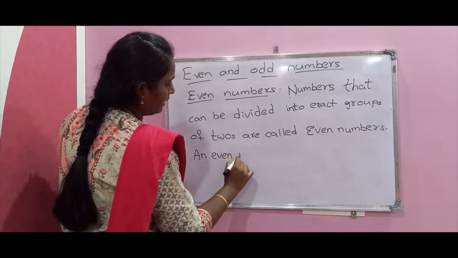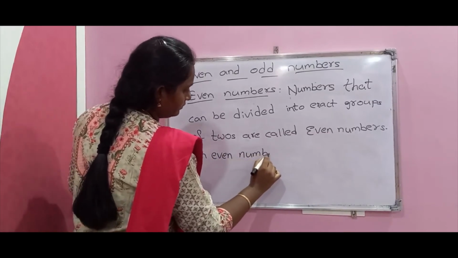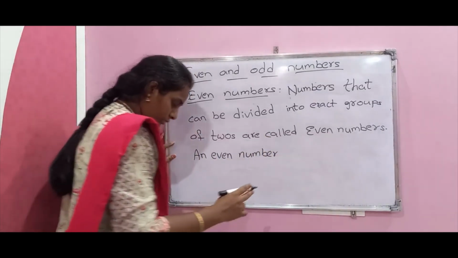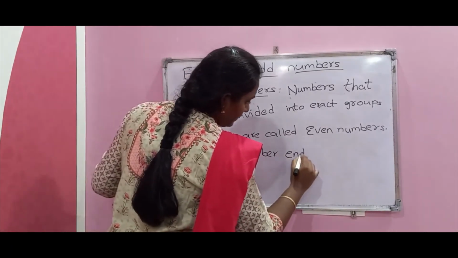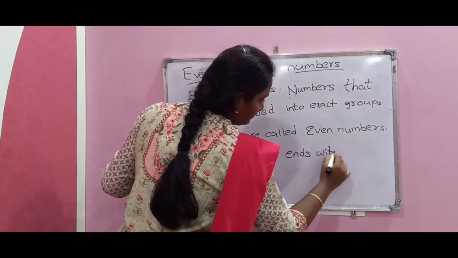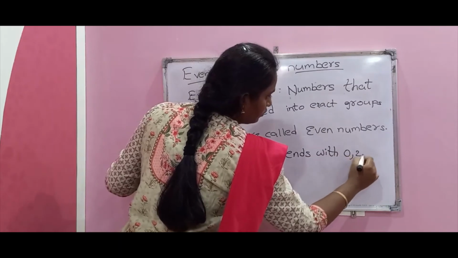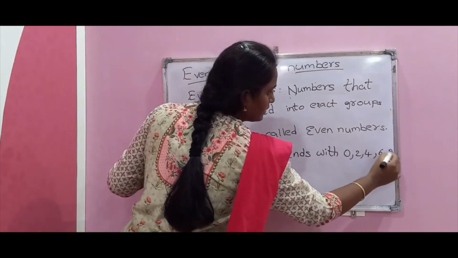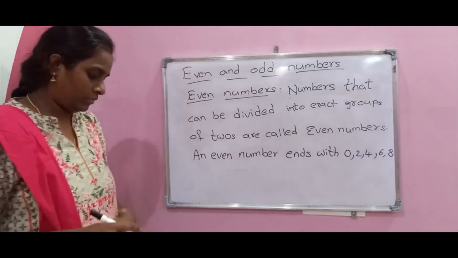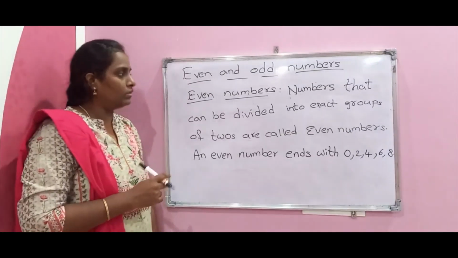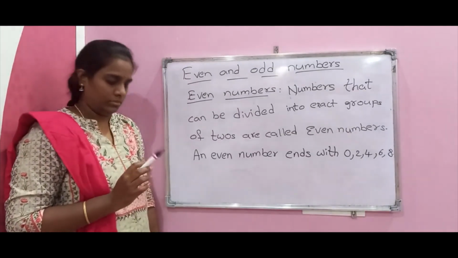An even number ends with 0, 2, 4, 6, 8. Copy it to the classwork.